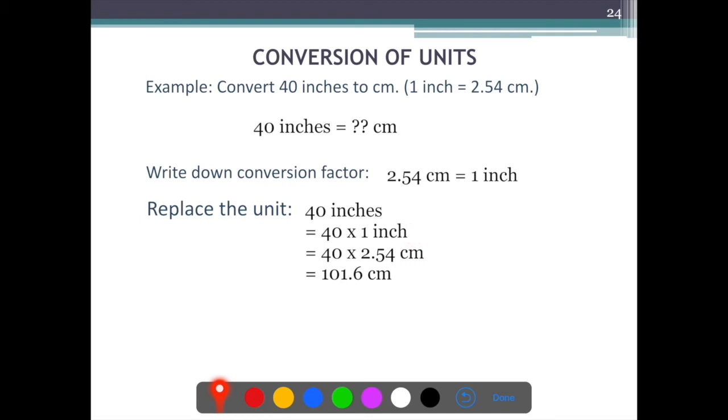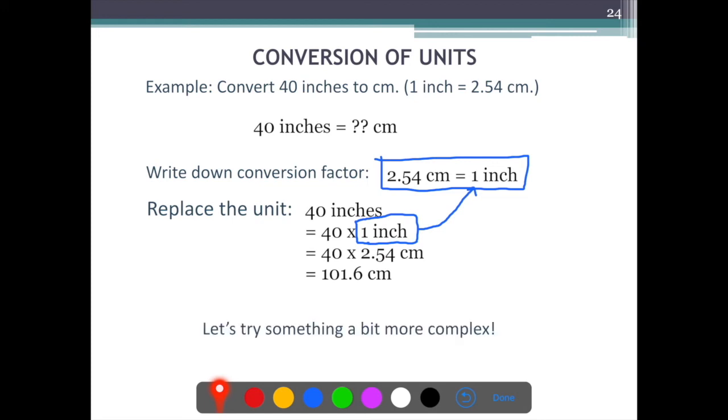By doing so, you can clearly see 1 inch, which is the unit that you want to replace. You relate that to your conversion factor, which tells you that 1 inch is equal to 2.54 centimeters. So you simply replace 1 inch with 2.54 centimeters, then do the calculation, 40 multiplied by 2.54, and you get 101.6 centimeters.